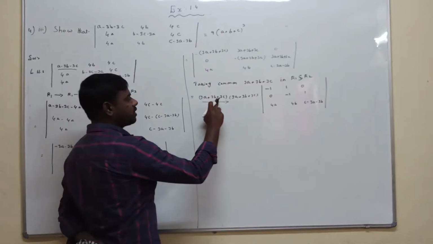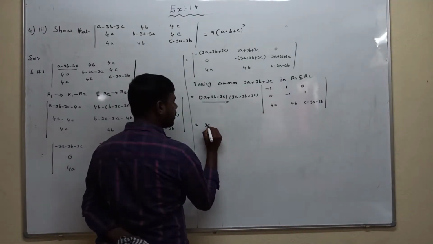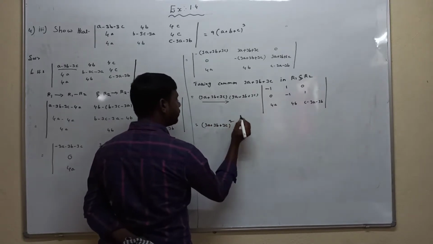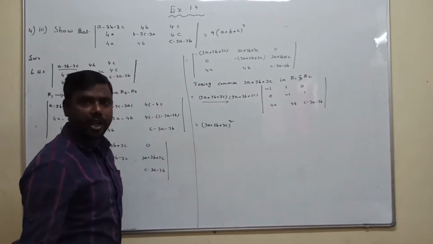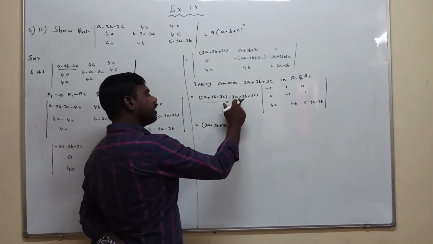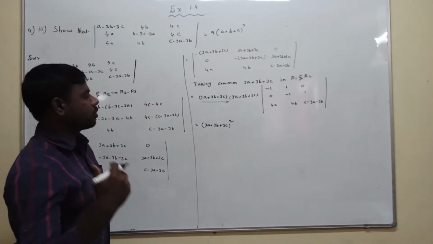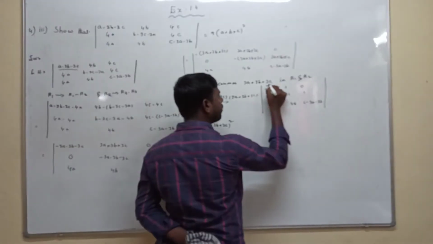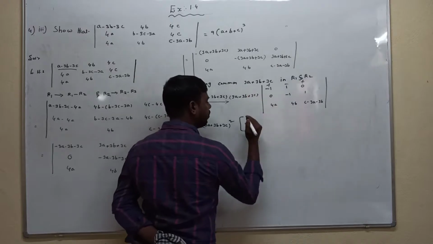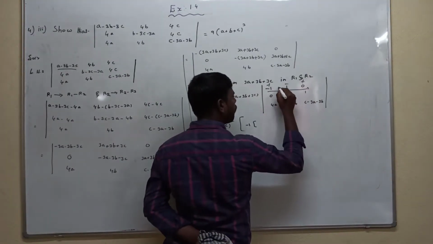Now 3a plus 3b plus 3c into 3a plus 3b plus 3c means (3a plus 3b plus 3c) whole square. Now we should find the determinant value with signs plus, minus, plus. We take minus 1, present in the first row, first column.